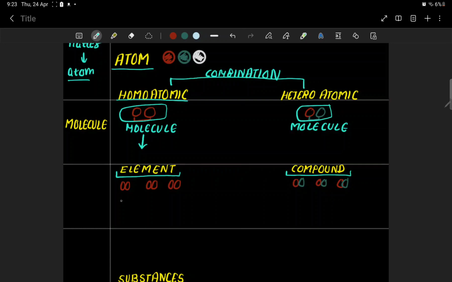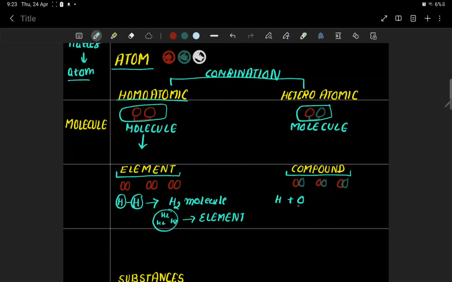Let's understand this with an example. We have hydrogen atom combining with hydrogen atom, it makes up H2 molecule. If you take a number of H2 molecules, you will get element. And out here you have hydrogen and oxygen atoms.